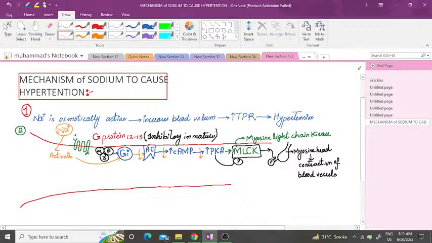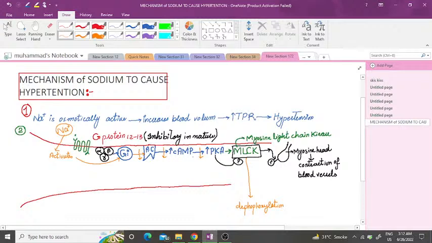And we all know when the myosin light chain kinase is dephosphorylated, it gets activated, because protein kinase activity has been reduced because of this second messenger pathway.